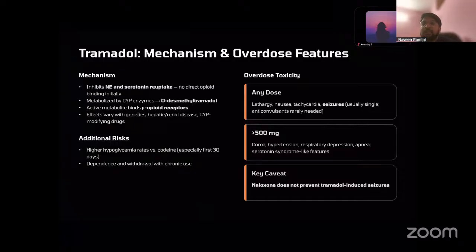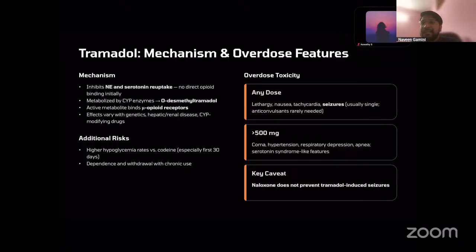It initially has no direct effect on opioid binding, but when tramadol is metabolized by the CYP enzymes, it produces a metabolite, O-desmethyl tramadol. This is an active metabolite which binds to mu receptors. The effect of these CYP enzymes will vary with genetics and hepatic and renal diseases. So the tramadol mechanism can vary the bioavailability and metabolism parameters.